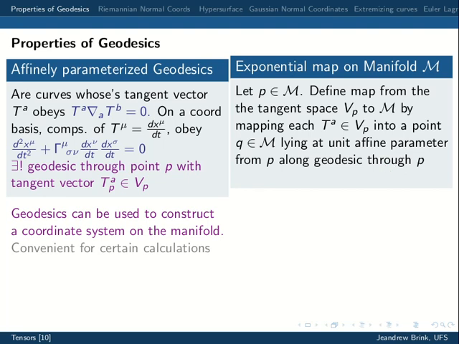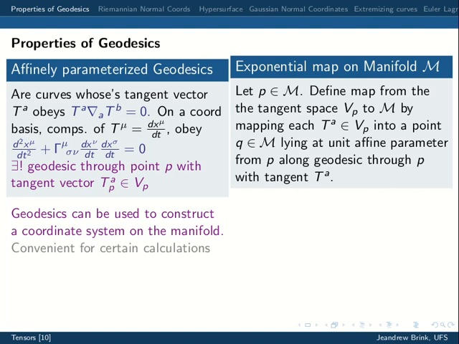And the moment you have a point and its initial velocity or initial vector, then you can integrate the geodesic equations because they're a second order equation and they're uniquely determined by the initial condition. So then you integrate these equations for one affine parameter distance, and you say, fine, that's my new point on the manifold. That's how you define the exponential map.